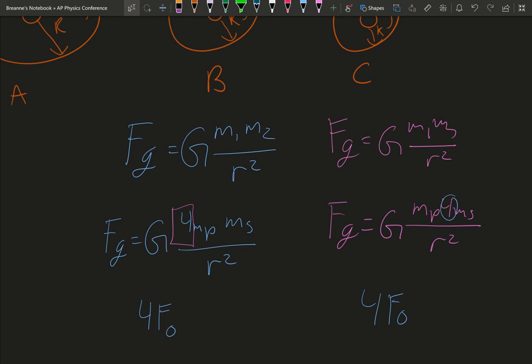So hopefully you can see that they're both going to be greater than, and it's because, for system B, the planet is 4 times as much as system A, and then for system C, the star is 4 times as much mass as system A. So you got a point for it.